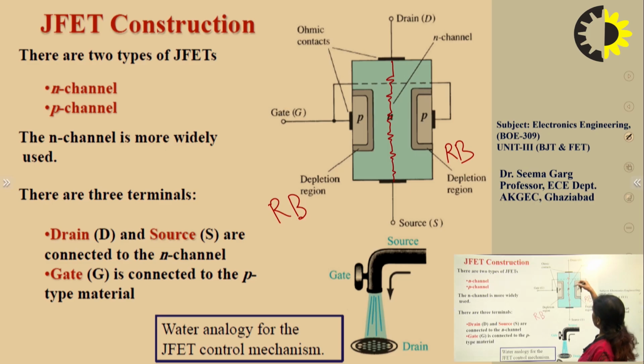The charge carriers are moving in the upward direction, and because of that the current is moving in this direction. Because of this current, the voltage drop at different points will be different. Here you have the minimum voltage drop, and at this point you have the maximum voltage drop.